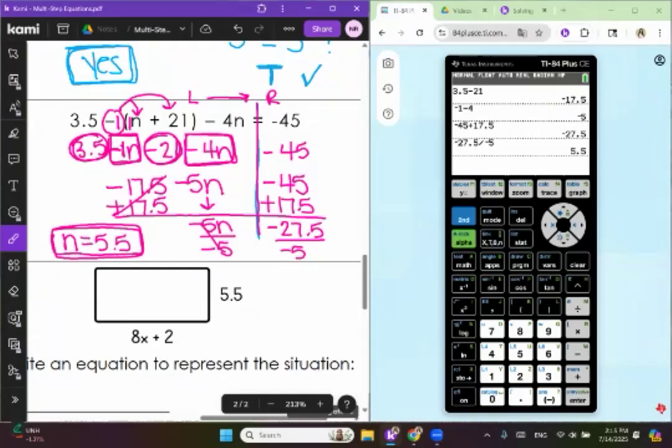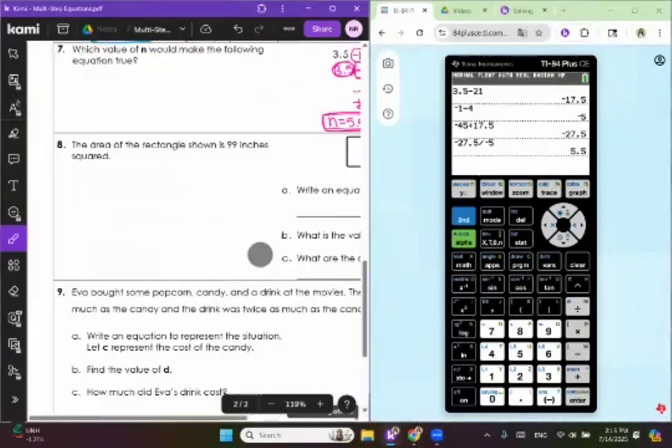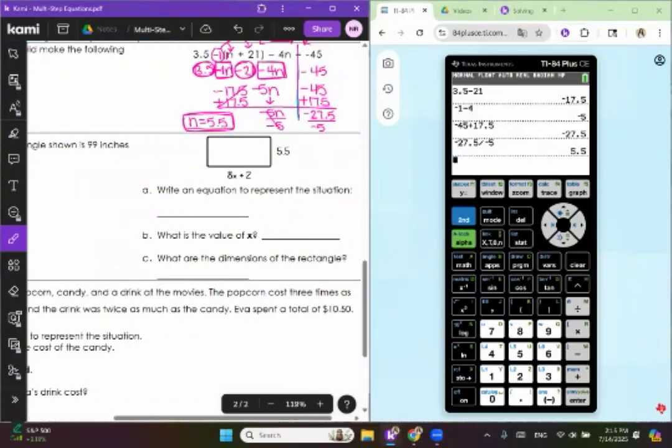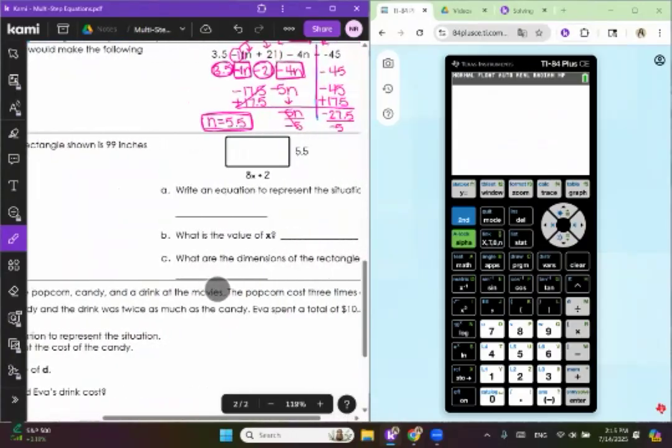Number 8. It says the area of a rectangle shown is 99 inches squared. Okay. The area is 99 inches squared. It says write an equation to represent the situation.